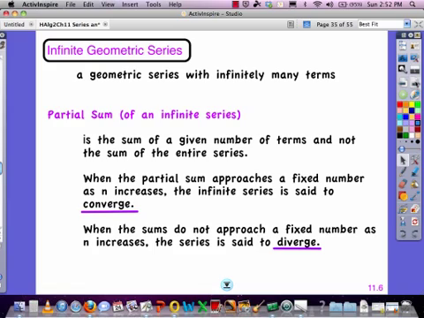When the partial sum approaches a fixed number, as n increases, the infinite series is said to converge towards that number. Versus when the sums do not approach a fixed number as n increases, the series is said to diverge.